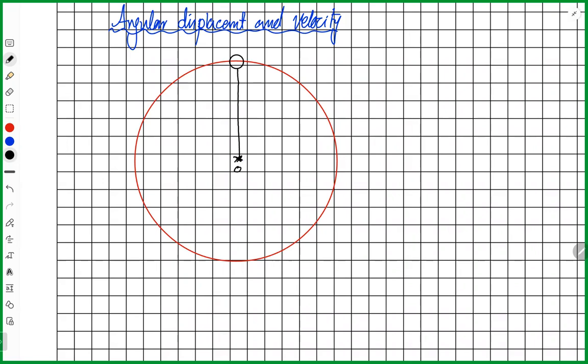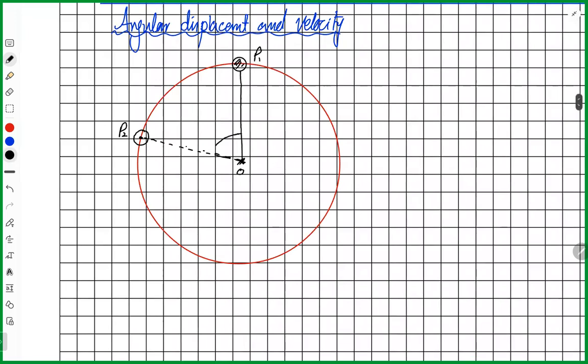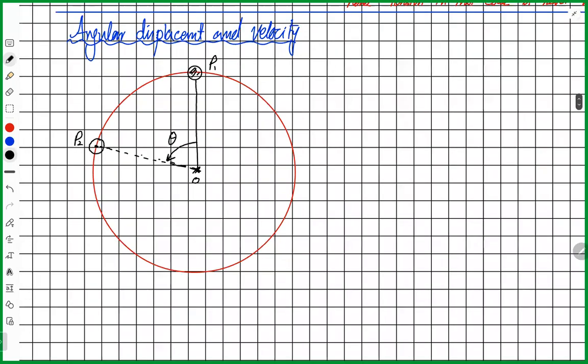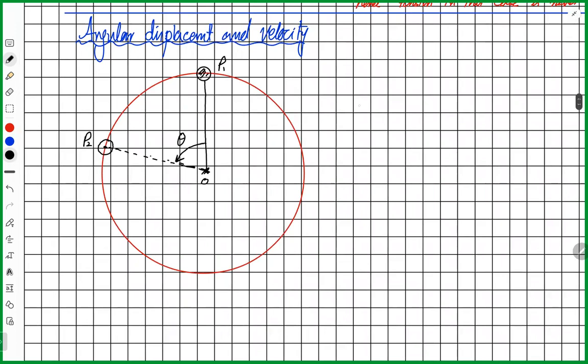If the distance is not changing, what else do we observe when we see that the object is moving? We see that this object was here. This is position P1, and sometime after, the object goes there. This is position 2. So the object has gone from position 1 to position 2. So we have observed this change. We have observed a change in angle. So this angle is called angular displacement.